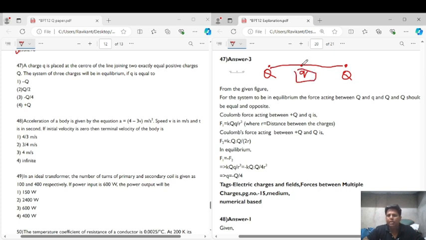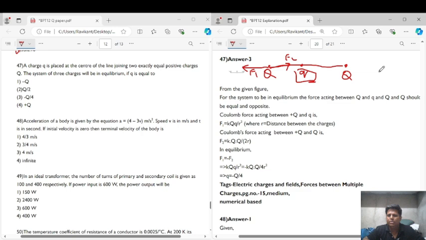So the system will be in equilibrium when, see, this Q, this plus Q is repelling this q with a force, let's say F1. So for equilibrium, the net force on the body should be equal to 0. So to make the net force on the body 0, another force should be acting in this direction. And this force is because of small q. So let it be F2.